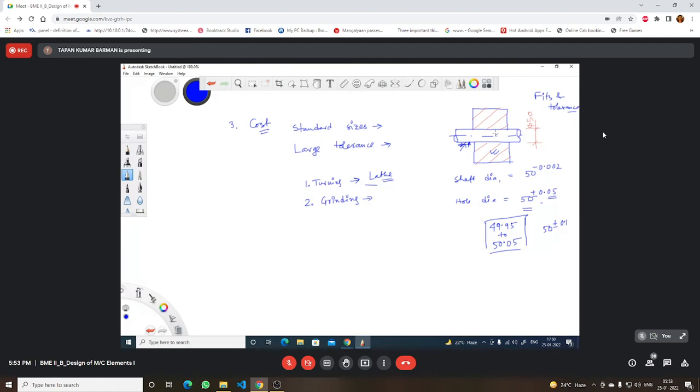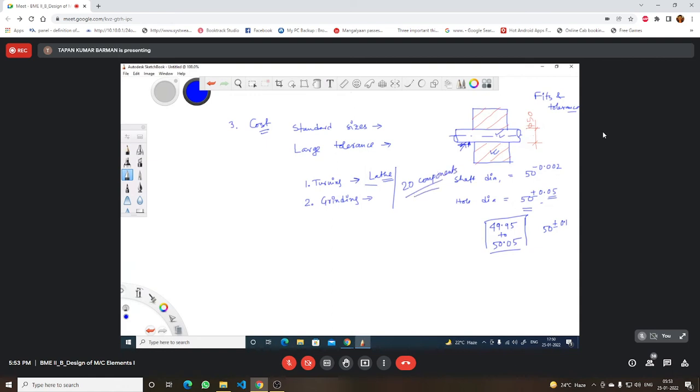So, say for example, there are two methods or two processes available in your workshop. Now, say you have to manufacture 20 components. Which process should be used?